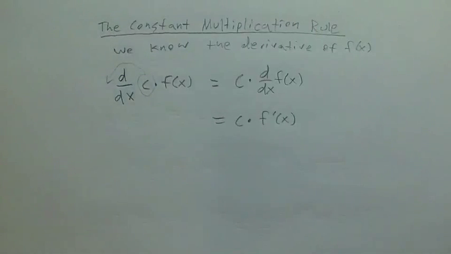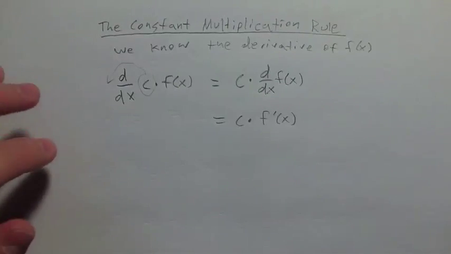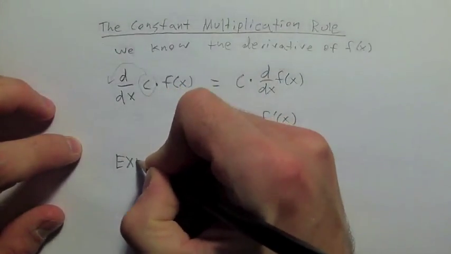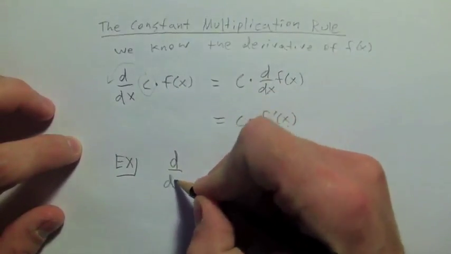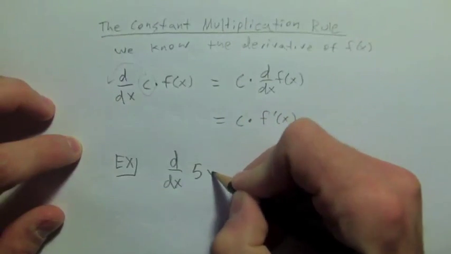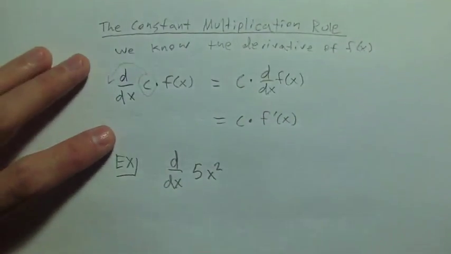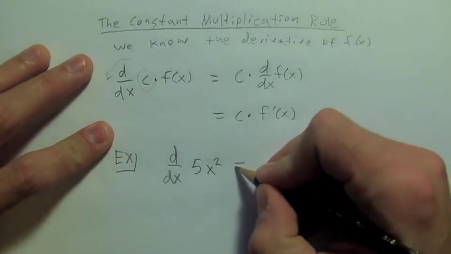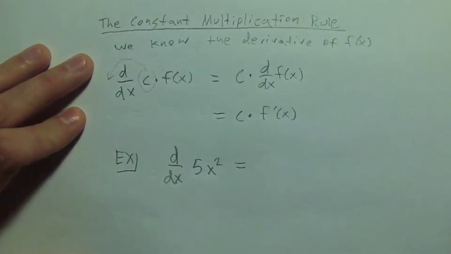It basically comes from the property that we know from limits, where the limit property is that if we have a constant sitting on the outside, we can move the limit around the constant. We can do the same thing here. So for example, if I want to take the derivative with respect to x of 5x squared, well, that 5 is just going to come along for the ride.